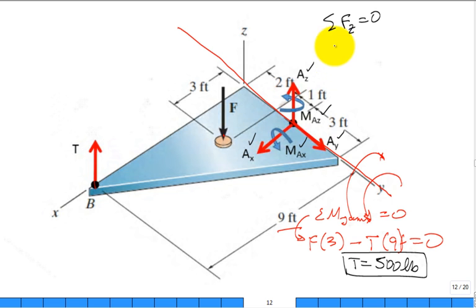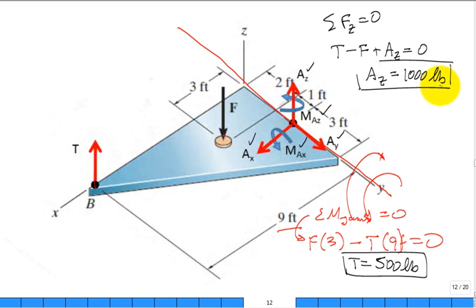And we have the tension up, we have the load down, and we have AZ up, and that's equal to 0. When I say up, I mean positive direction. I think you follow. And then what do we find for the AZ? It's going to be F minus T. And so we find that AZ comes in at 1,000 pounds. True or false? Very good.